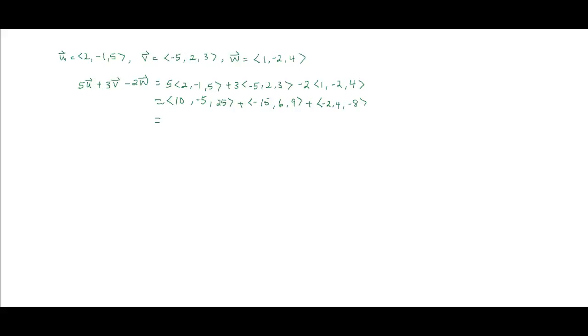So by adding all corresponding components, we have 10 minus 15 minus 2 for the first component, -5 plus 6 plus 4 for the second, 25 plus 9 minus 8 for the last. So we get (-7, 5, 26).